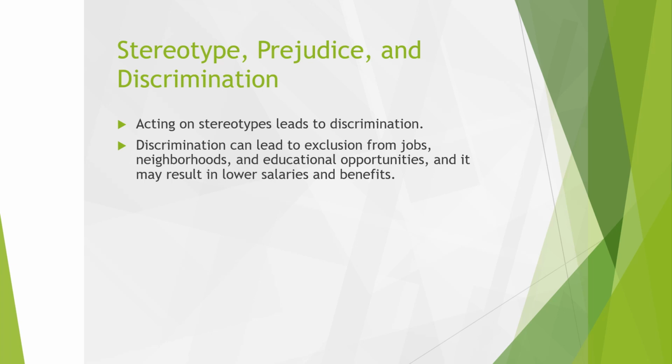You can have discrimination based on age, sex, religion, or political affiliation, right? That's what we're saying. It can lead to exclusion from jobs, neighborhoods, educational opportunities, and it can sometimes result in lower salaries and benefits.